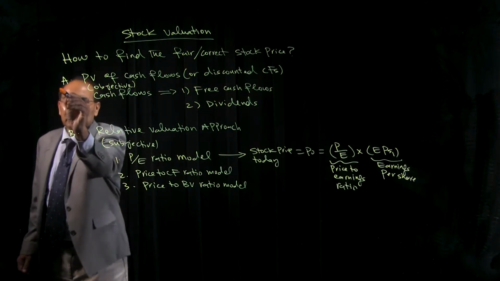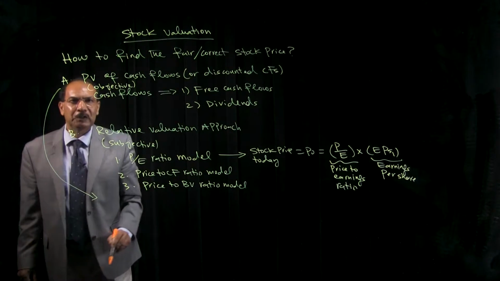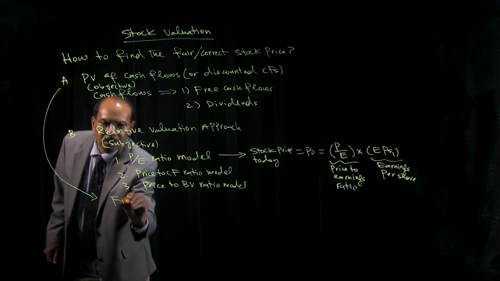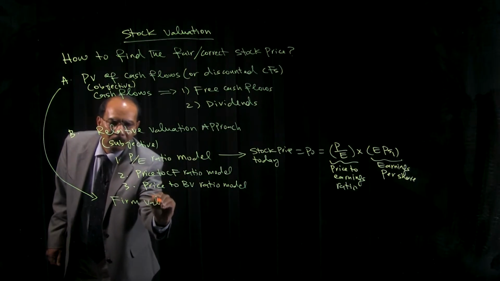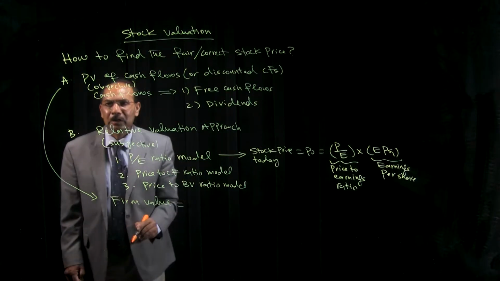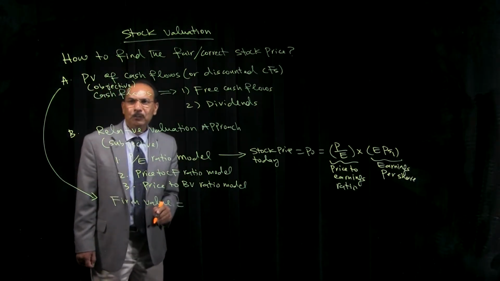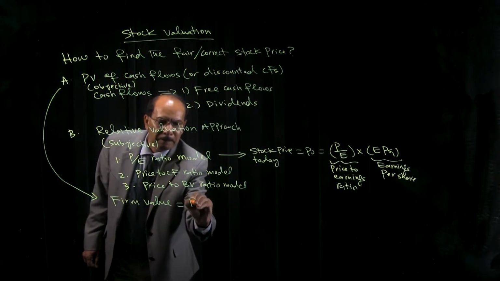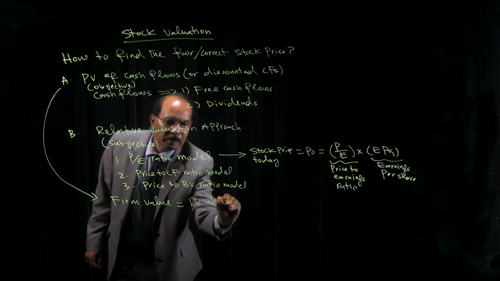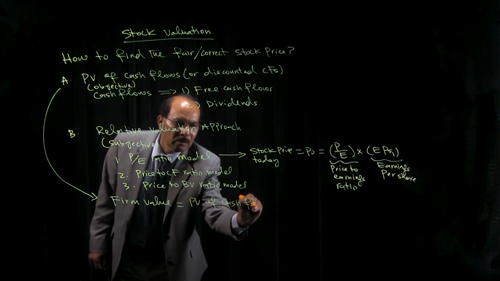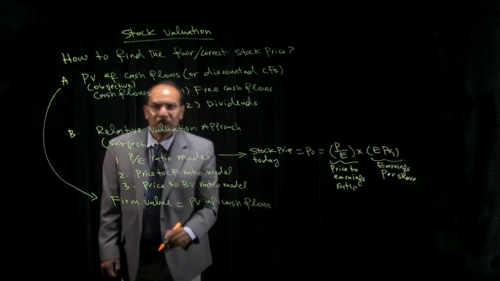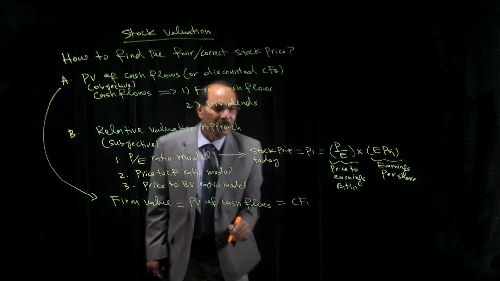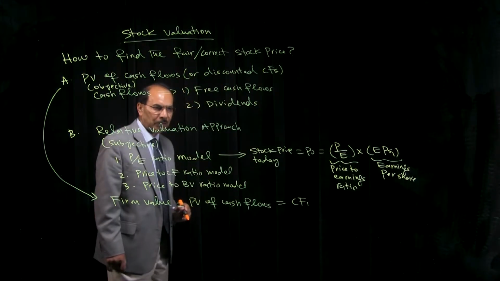Now let me go back to our first approach here. So in order to find the stock price, we can first find the firm value. So we will use the first approach here, present value of the cash flows. So mathematically speaking, we can write it as follows.